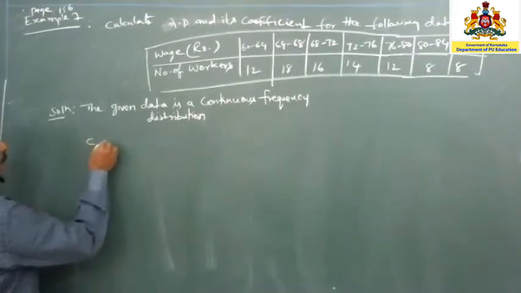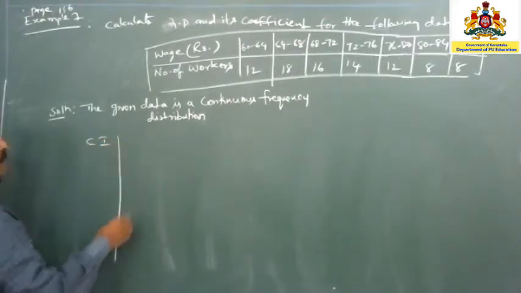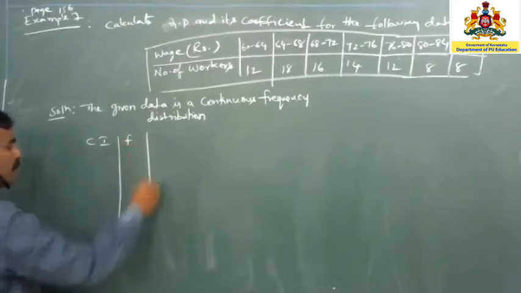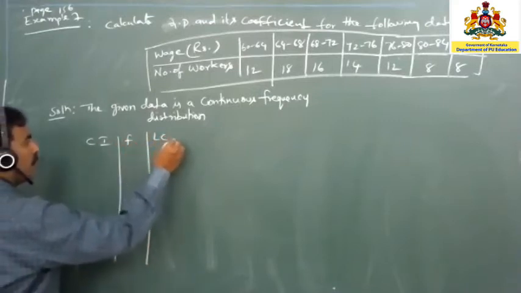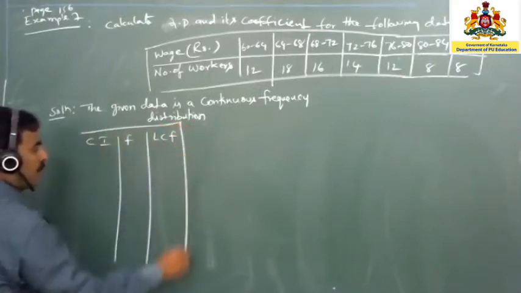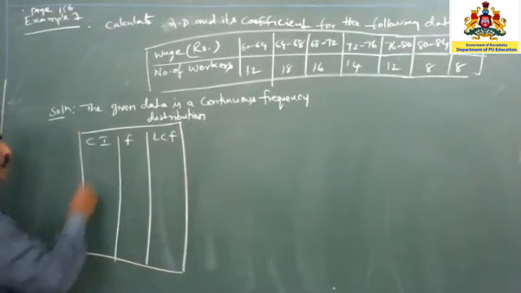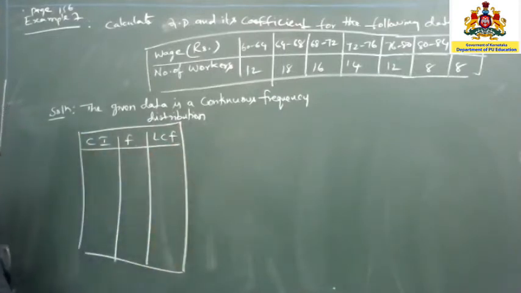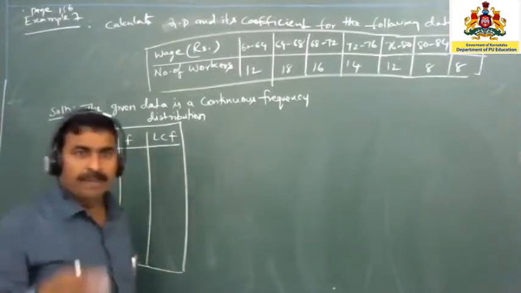Therefore, first column class intervals, then frequency, then LCF, less than cumulative frequency. Class intervals should be exclusive. If inclusive class intervals are given, they should be converted into exclusive. Then you should continue the calculations.